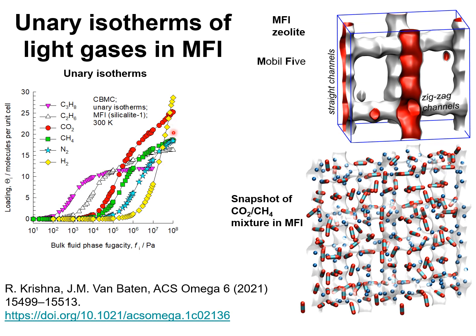The longer the chain length, the lower the value of the saturation loading. Here's a snapshot showing the location of molecules of CO2 and CH4 within the intersecting channels of MFI zeolite.